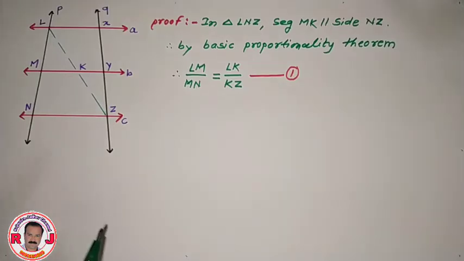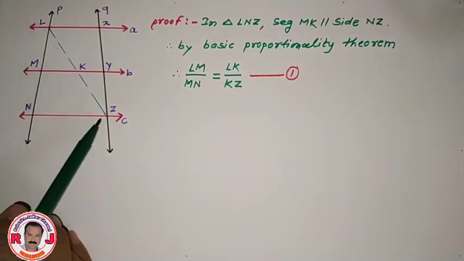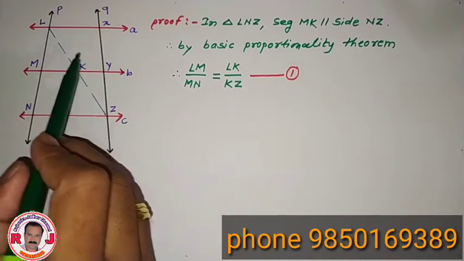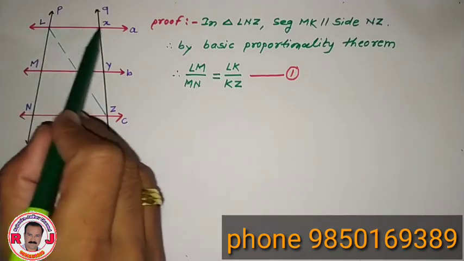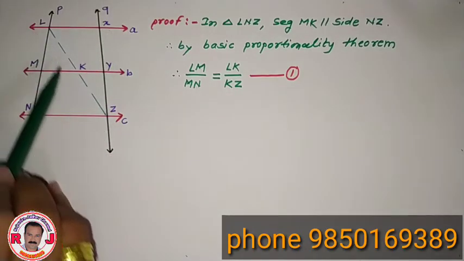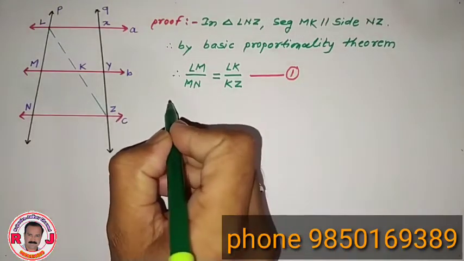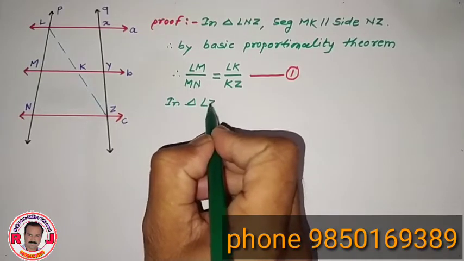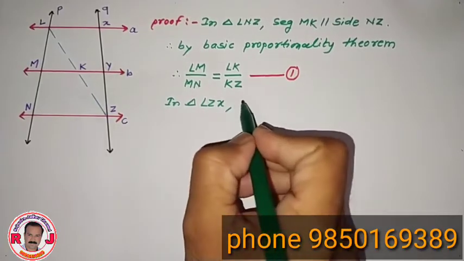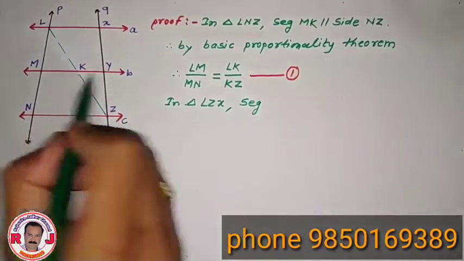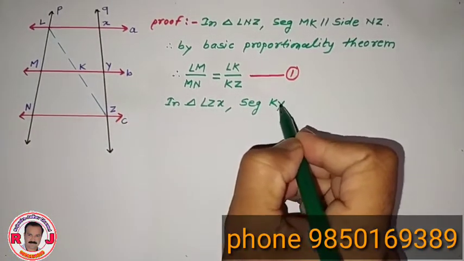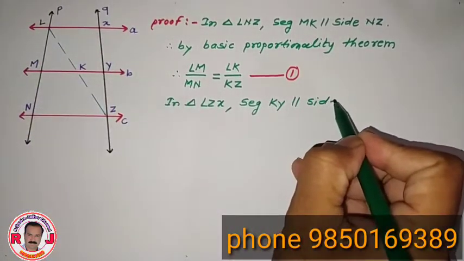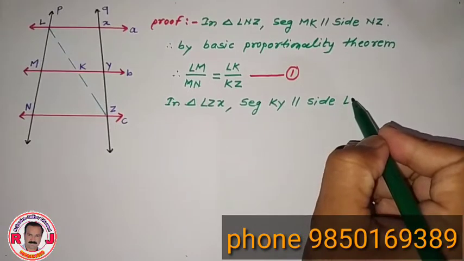Next, see the triangle. In triangle LZX, segment KY is parallel to side LX.